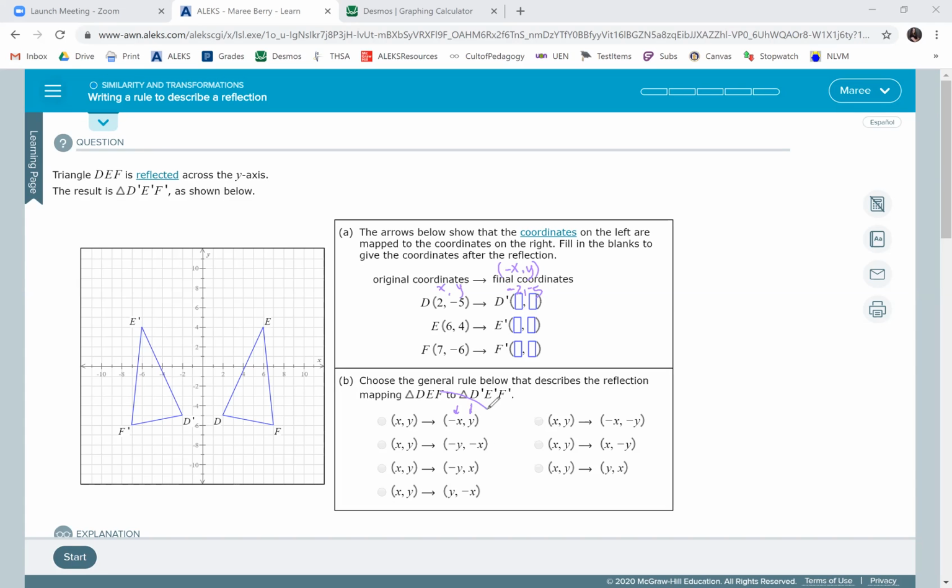So this would be the rule that we would then pick. We have to look at the numbers and see how they match up with the original. So we'll do some examples here, and that might help a little bit better with how to do it.